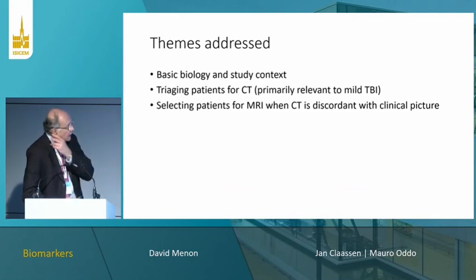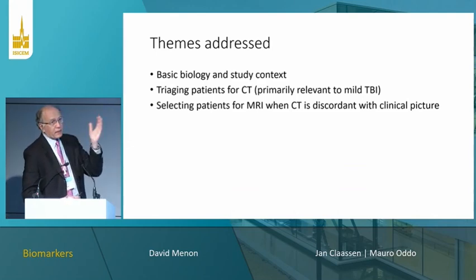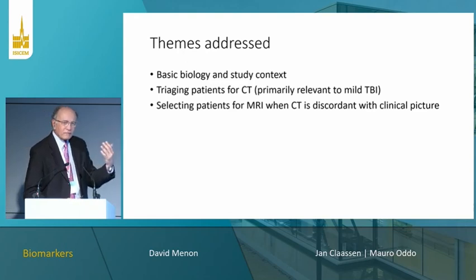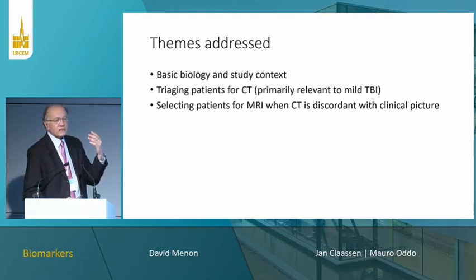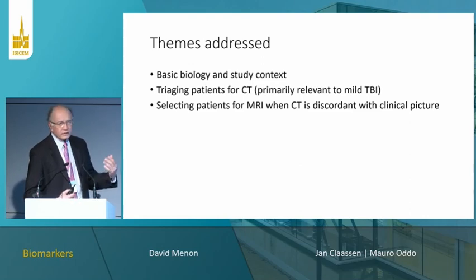The next thing that happens for these patients, if they come in with a normal CT but have a GCS that's discordant. Someone comes in with a GCS of 3 and has a CT that looks terrible, it's not surprising, and an MRI is not interesting. It may be necessary for prognosis later on, but not at the early time point.